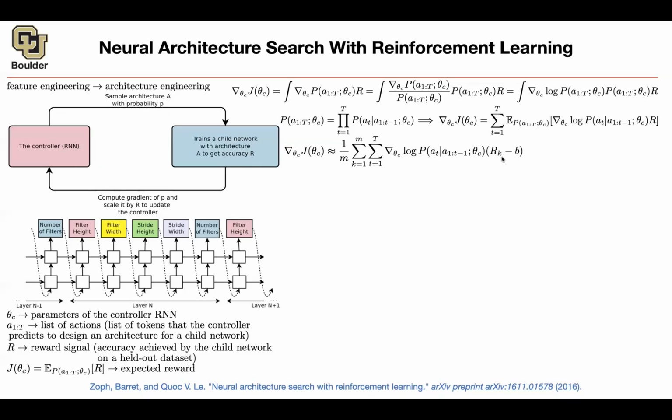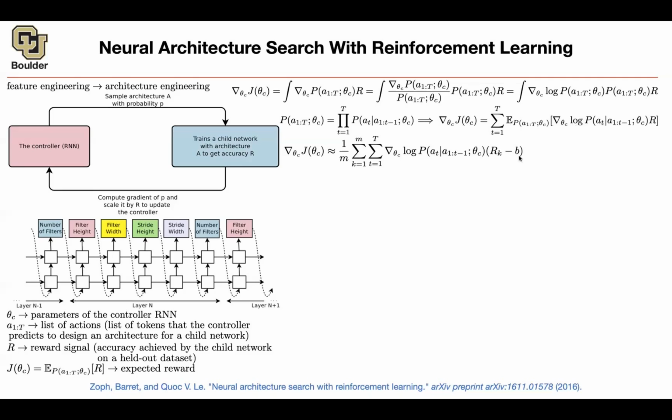So K goes from 1 up until M, and you have K different accuracies for K different models. Don't worry about this B yet. I'm going to tell you why you do that. But the rest of it is a Monte Carlo estimation of this expectation. So this is approximately correct.